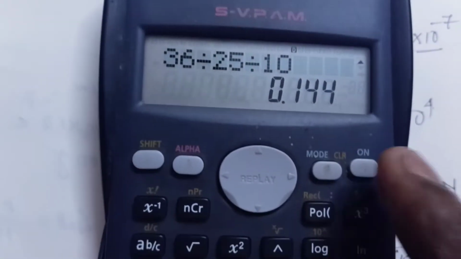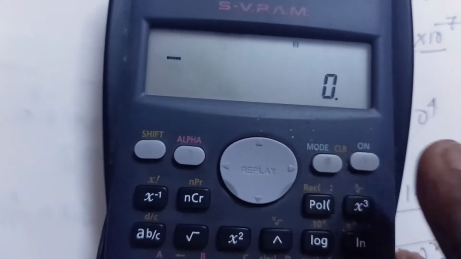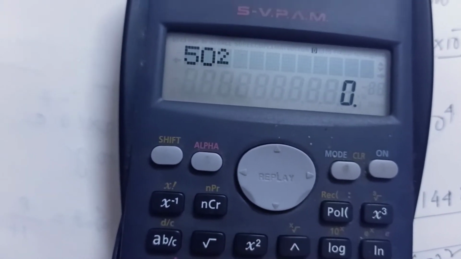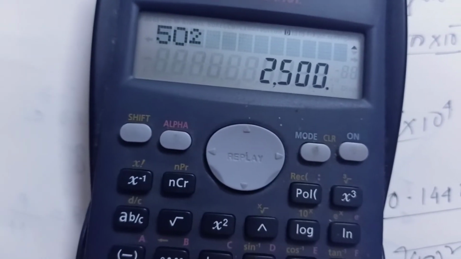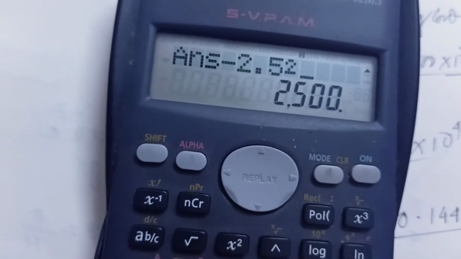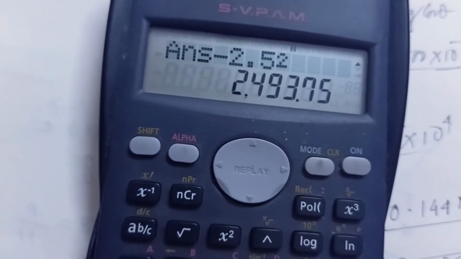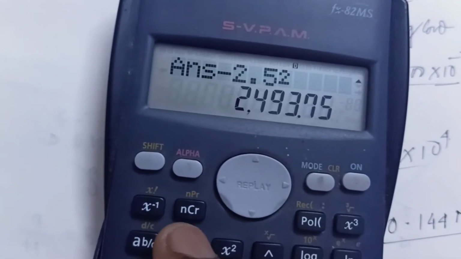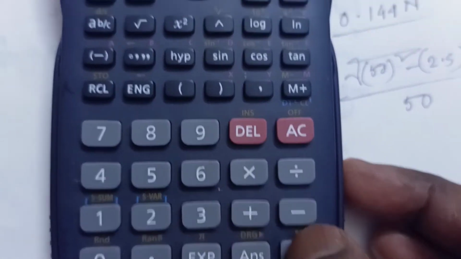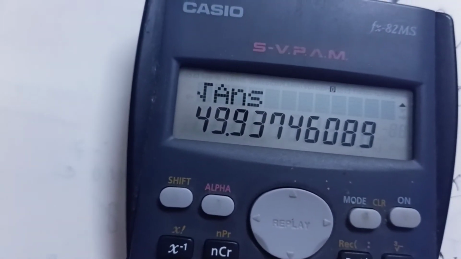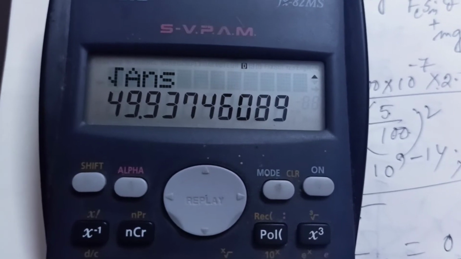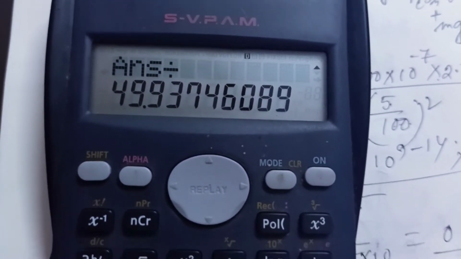So 50 whole square minus 2.5 whole square equals, root of the answer, divided by 50.